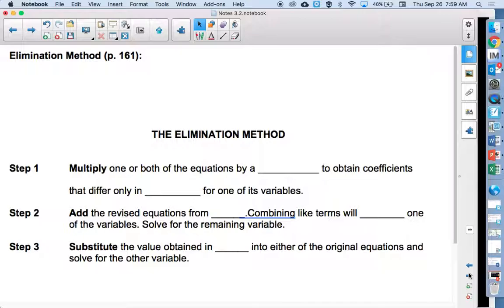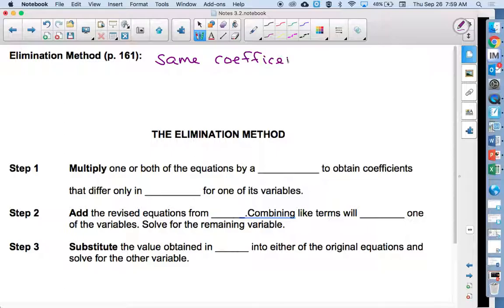How would you explain elimination? Chris, what happens with elimination? So you either choose x or y you want to cancel out, and say you got 2x and 4x, so you multiply the whole equation with the 2x in it by 2 in order to get 4, so they cancel out. Yeah.